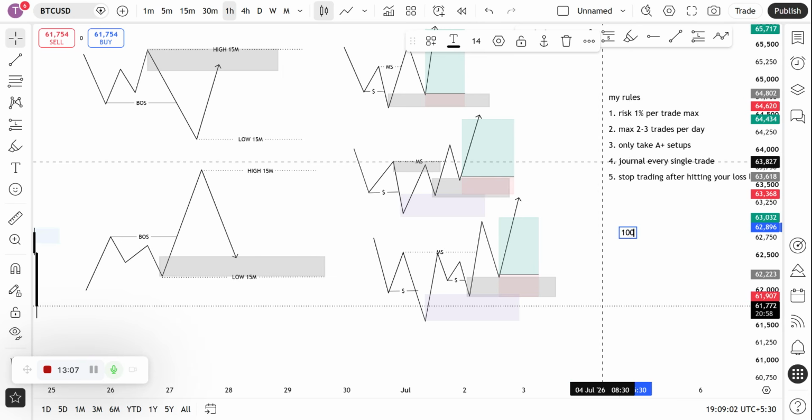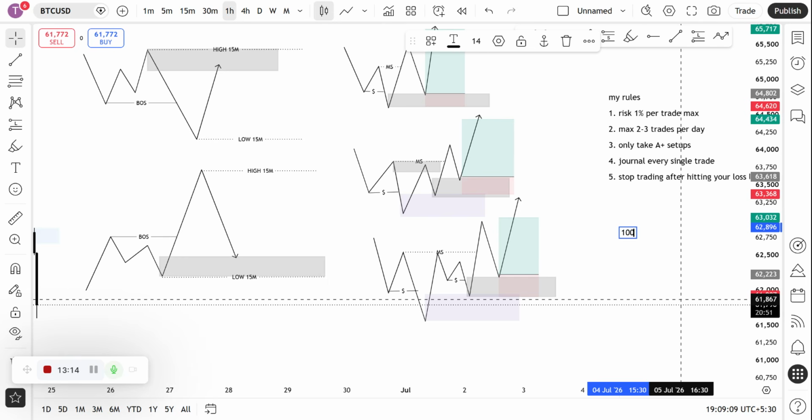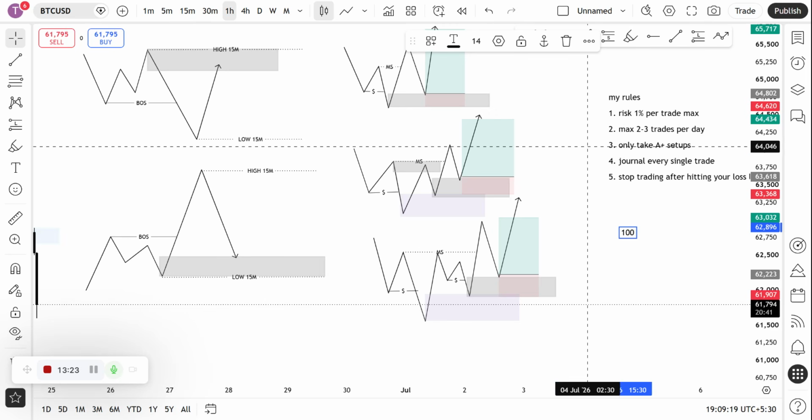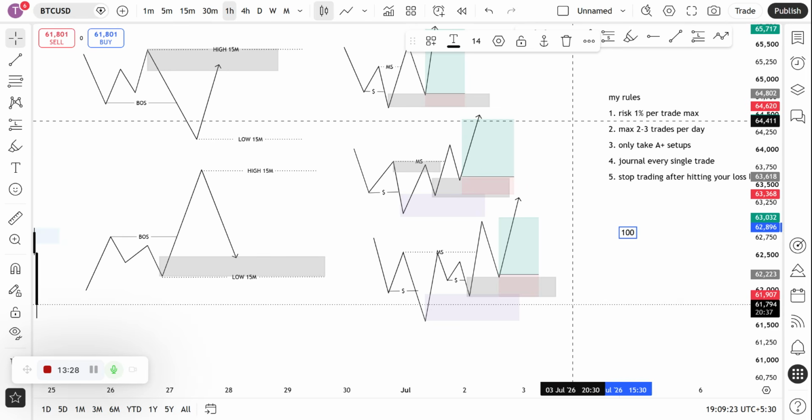And then number three, I only take A plus setups. I don't just take a random setup. Like say I saw a bullish candle on the daily time frame, or on the 4 hour time frame, or on the 15-minute time frame. So obviously the market is going to go down a bit, so I have to enter? No, no, I don't do that. I wait for my confirmation, and then I place an entry.